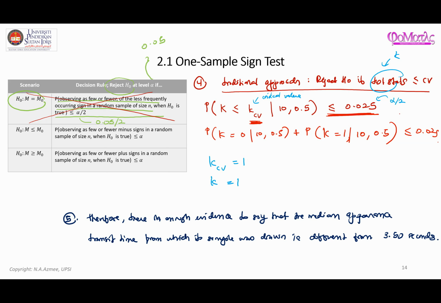So clearly, k is less than or equal to KCV, right? K is following this rule given here. The result that we have here, k is less than or equal to KCV. Therefore, we can reject H0.